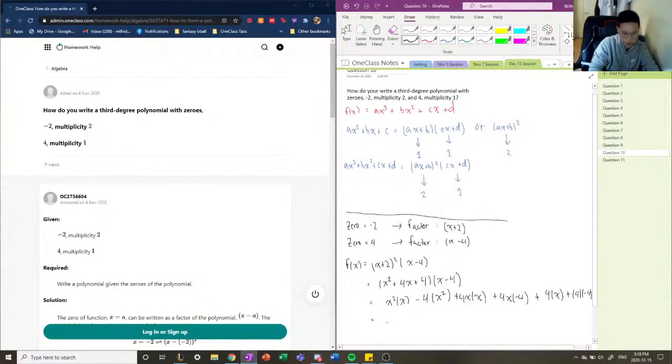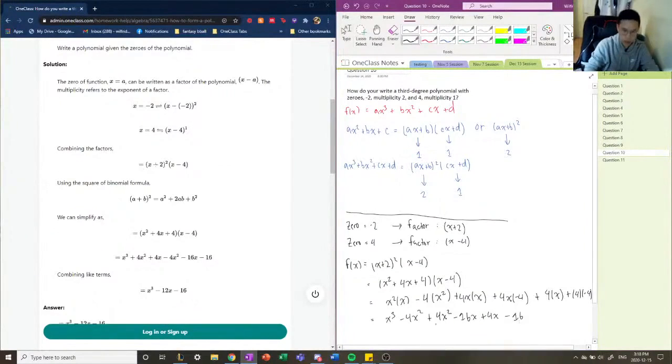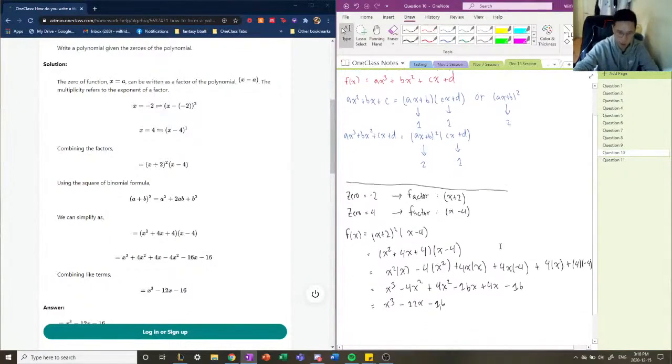Alright, and if we were to calculate all this, it'll be x cubed minus 4x squared plus 4x squared minus 16x plus 4x minus 16. Okay? So these obviously cancel out if we simplify, so we get x cubed minus 12x minus 16 as our third degree polynomial.